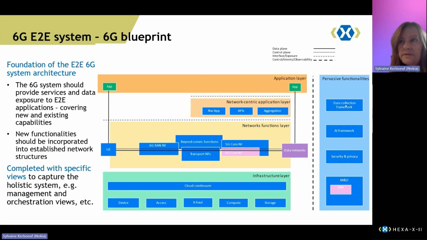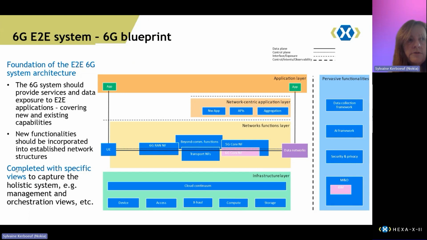There is, for example, this data collection framework to cope with distributed applications and services in cloud environments; this AI framework that will support distributed AI and AI as a service; aspects related to security and privacy in order to address 6G-specific threats; and also management and orchestration functionality that will rely extensively on an intent-based management approach and AI or machine learning for automation, for energy consumption reduction, and also to provide an appropriate level of programmability and scalability, and so on.